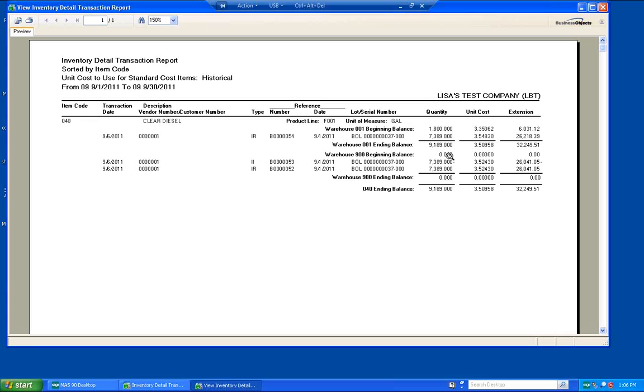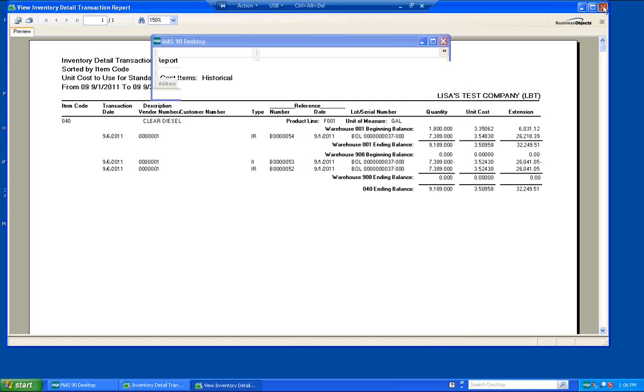If you don't, then you're going to end up with a situation where you have product on hand in the warehouse at a cost, and it will affect entries going forward. You can see that my cardlock warehouse had a beginning balance. Here's my drop, and it has a new average cost.